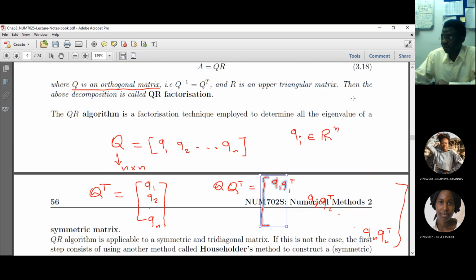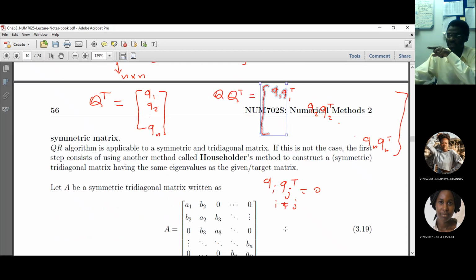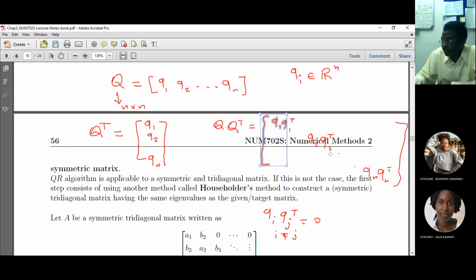But because this is identity, don't forget. And the off-diagonal element will be of the form Qi Qj transpose, and those will be 0, with i different from j. Look carefully, that's what you will get. But when i is equal to j, these are all equal to 1 because they are the elements on the main diagonal of the identity matrix. This is 1, this is 1.